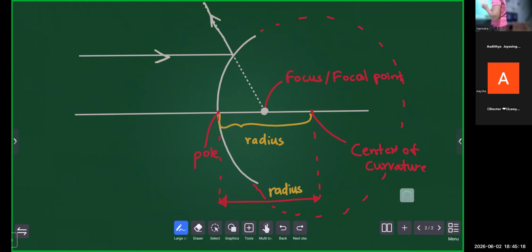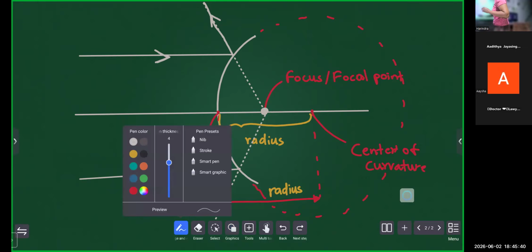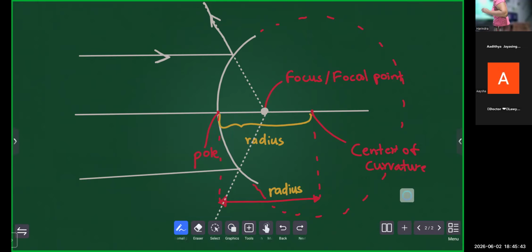Let me draw another ray like this. Let's check how it reflected back. Let me take another dotted line. From the focus to this point, let me draw the line and extend it like this. And I have to complete this line. We can't keep the dotted line like this. This is the incident ray and the reflected ray.